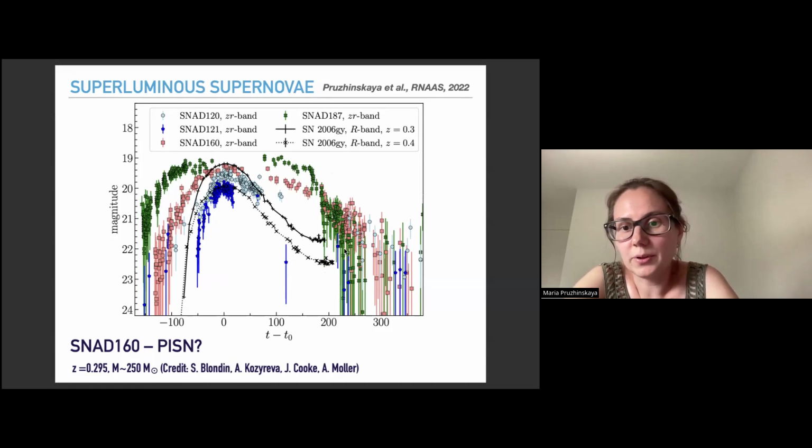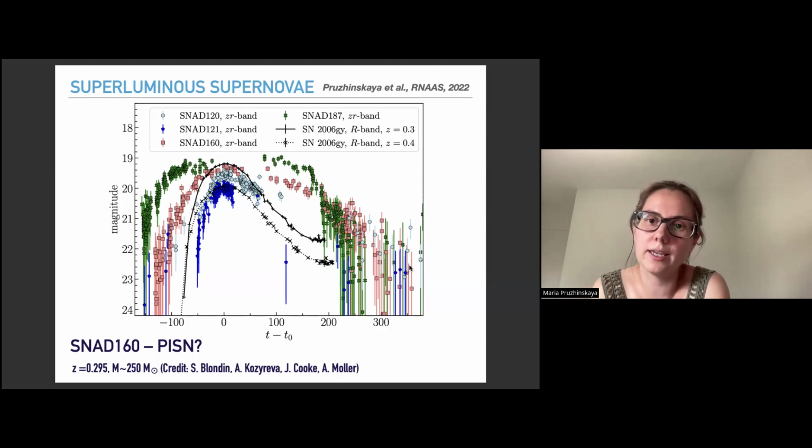And for example, since we discovered them, there were some more observations of this region made by ZTF. And this green one looks like it is an active galactic nucleus, because sometime later we saw that it has a rebrightening, and the light curve really looks more like an AGN than a superluminous supernova.